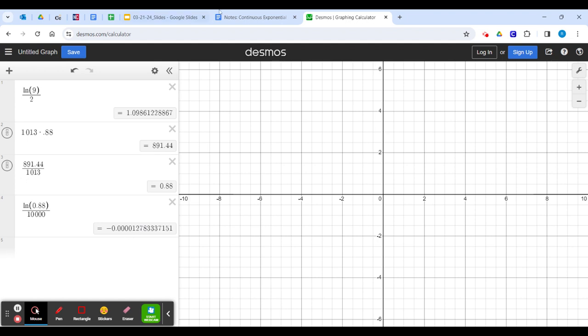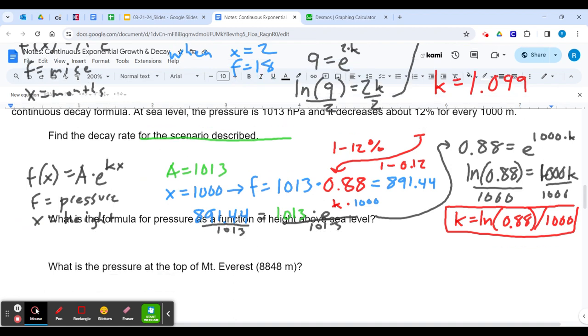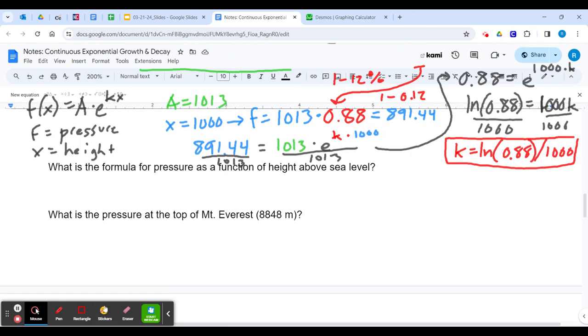So what we're going to do is use this expression to not lose any accuracy here. So if we are writing a formula for the pressure as a function of height above sea level, now we have that f of x.